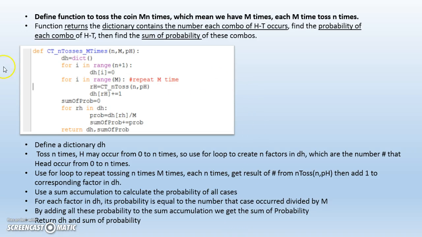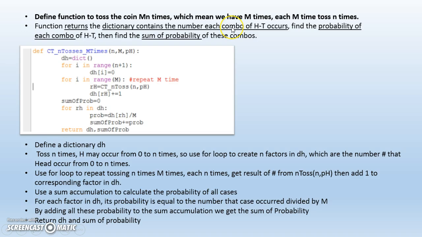The next thing we do is define a function to toss the coin n times, and repeat that n times. The function will return a dictionary containing the number of times each combo of head and tail occurs.